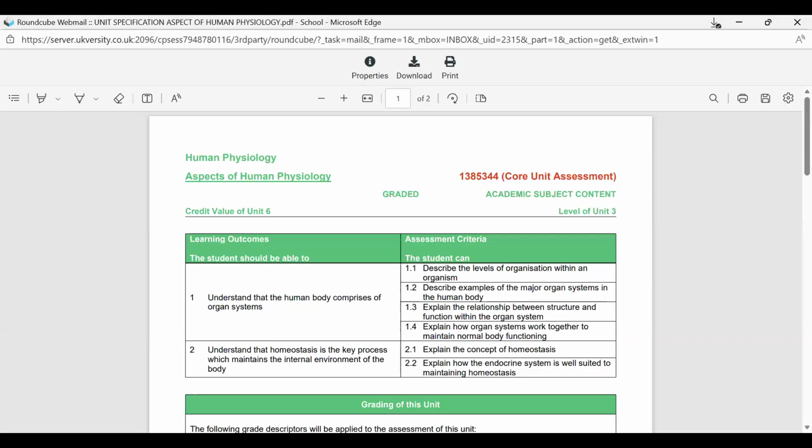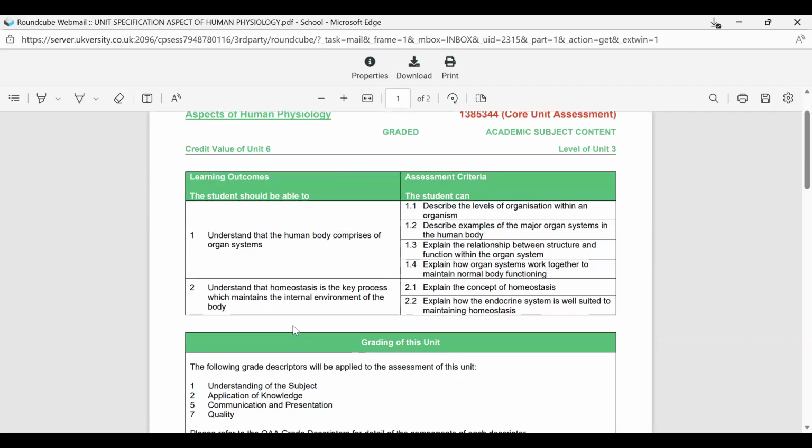We'll go through the unit specification and I'll show you what the assignment brief looks like, and also the learning outcomes, how many we're doing. For this unit there are two learning outcomes.